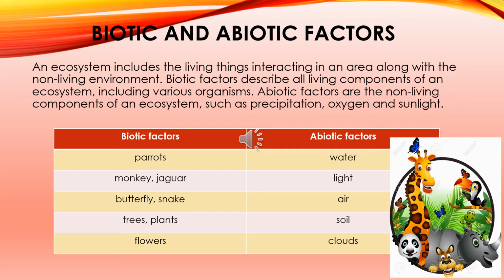That's why abiotic factors are non-living things. Okay, I just want to make sure you notice the difference, if you can identify a biotic factor or an abiotic factor. So we are going to continue talking about this information in the next page.